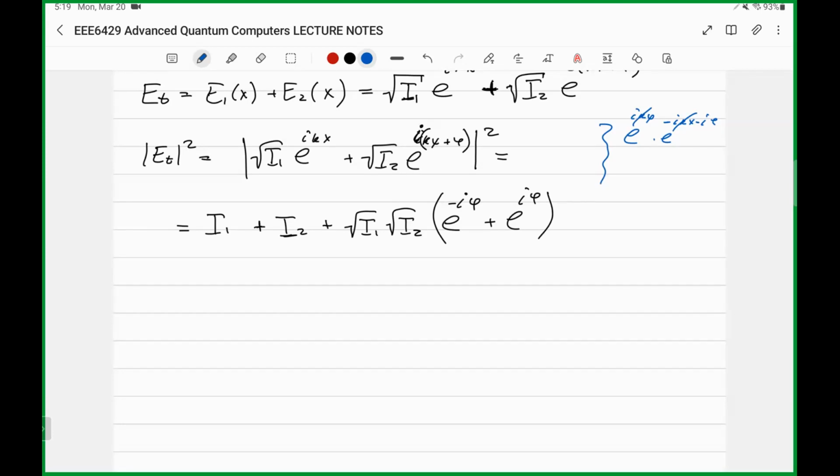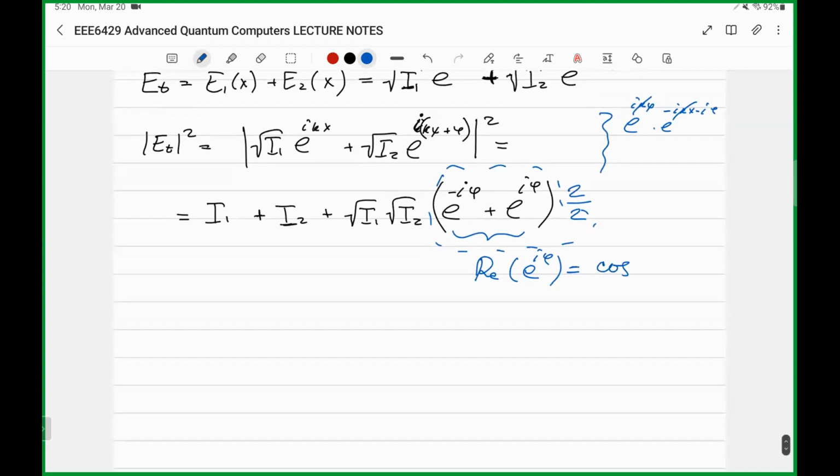So now I recognize that this is actually the real part of the exponential function, if I divide by 2 and multiply by 2. This is the real part of e to the power of i phi, which is, according to Euler's formula, cosine phi.